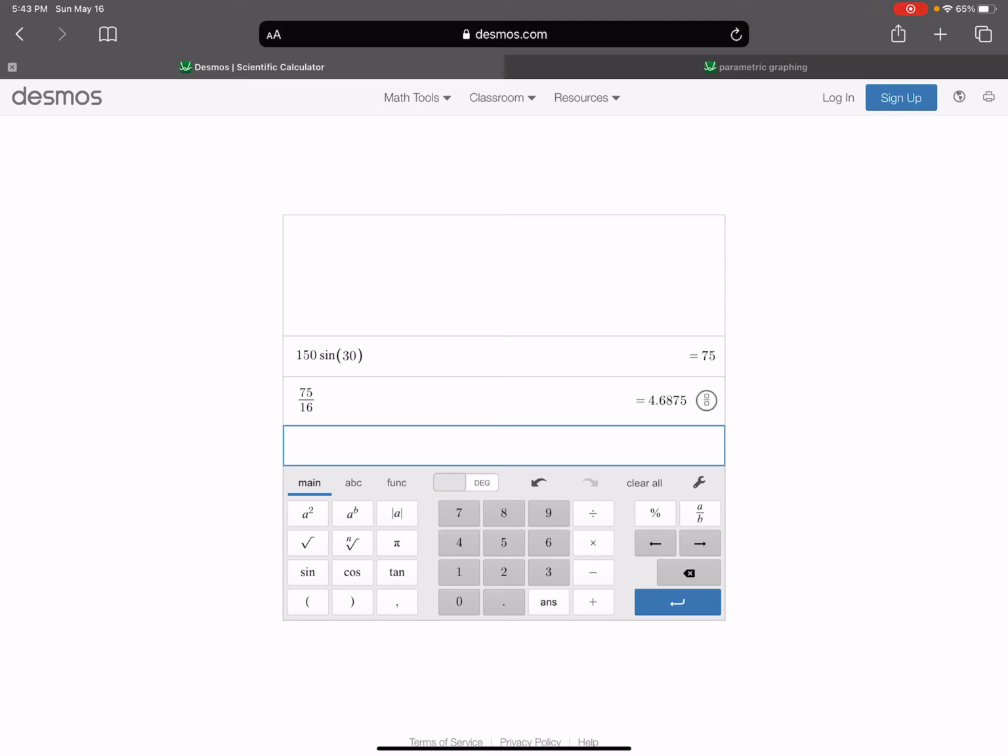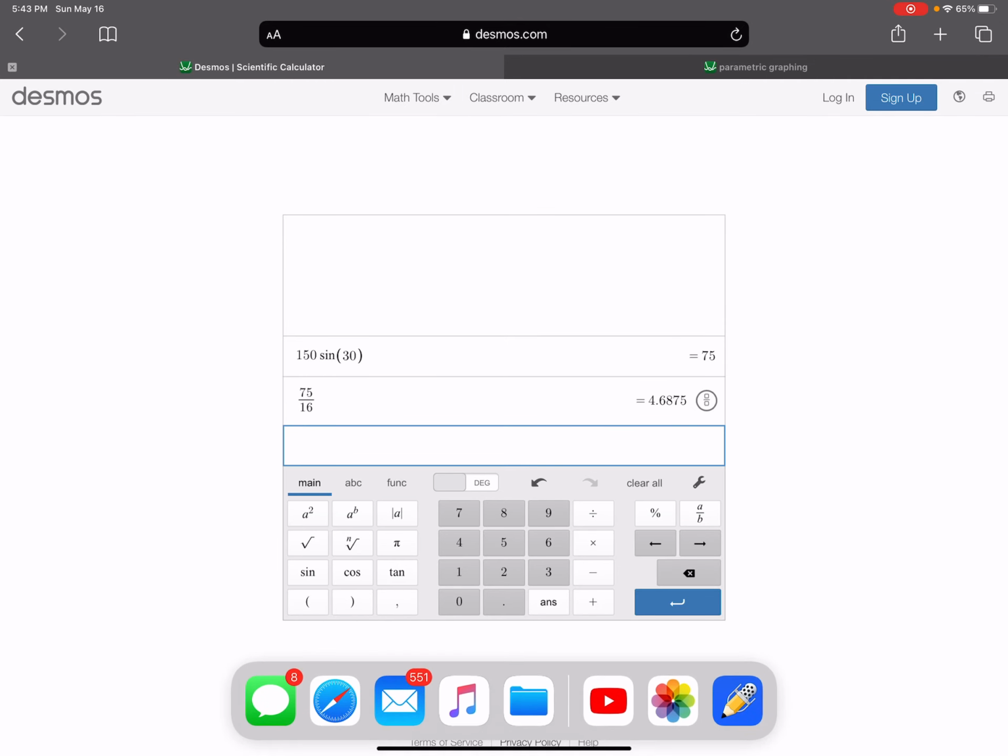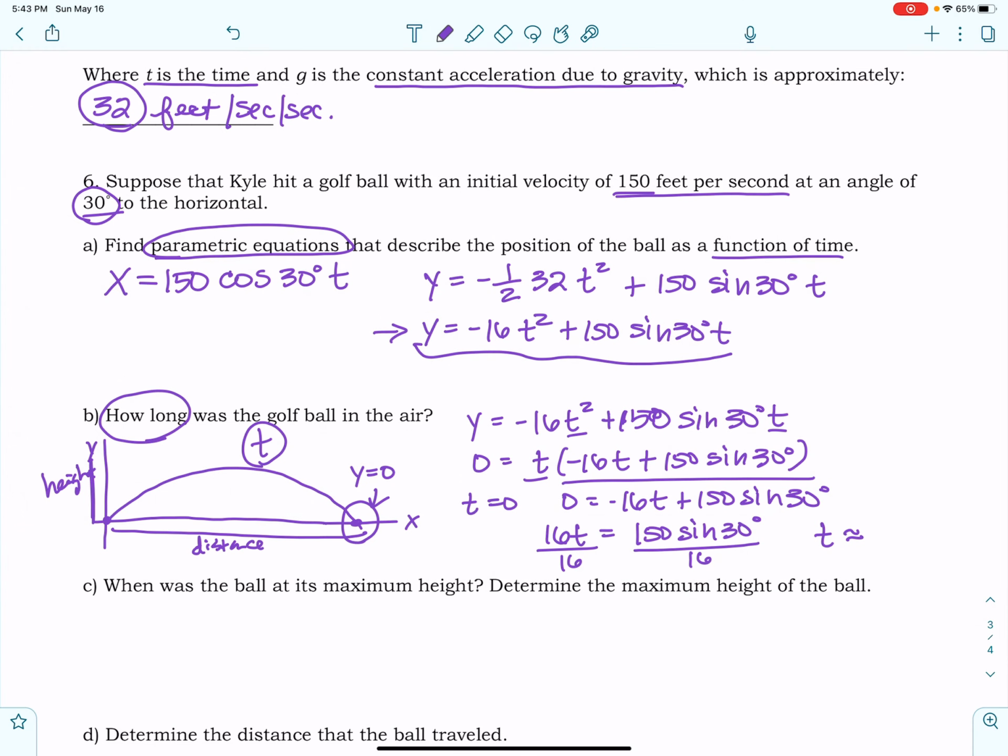So I've got 150 times the sine of 30, which is 75, and I'm dividing that by 16, which gives me approximately 4.6875. So the ball is in the air for approximately 4.6875 seconds. So that is the answer to part B.